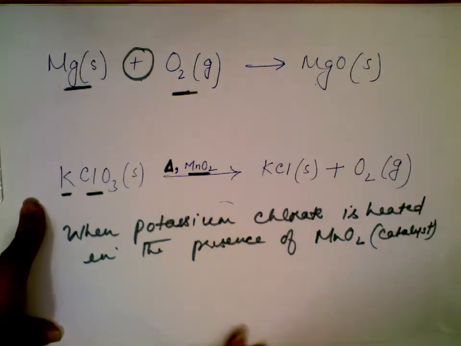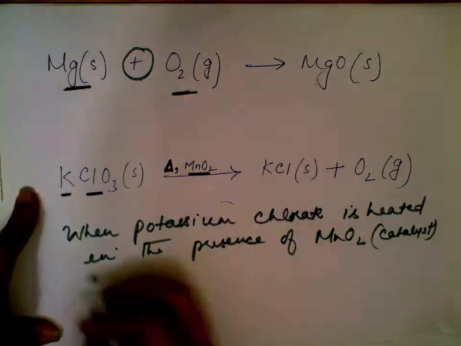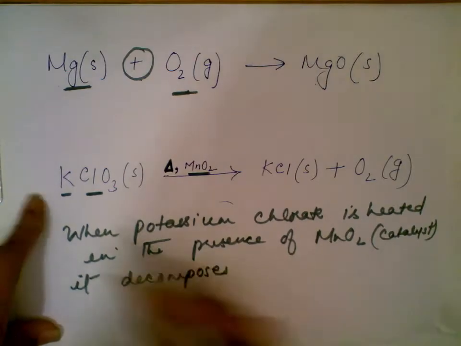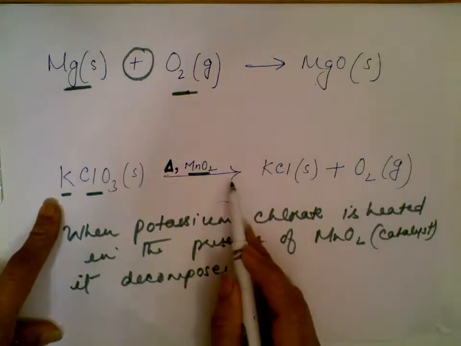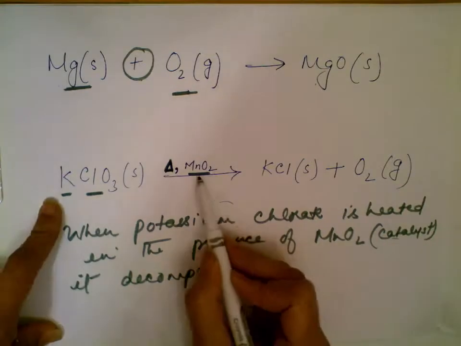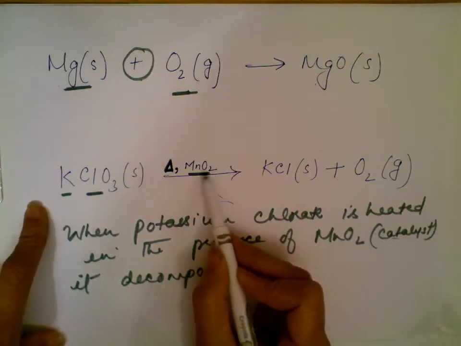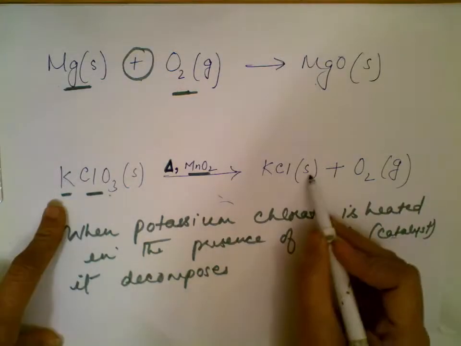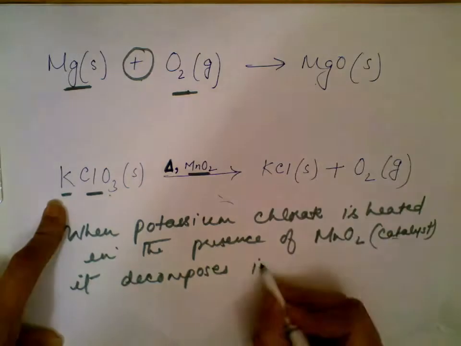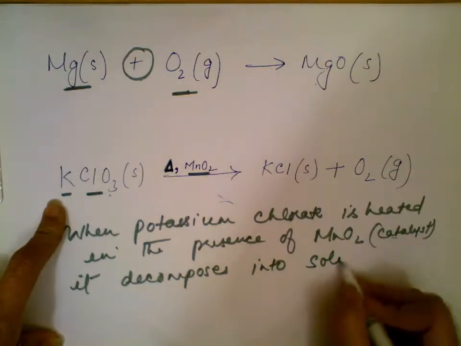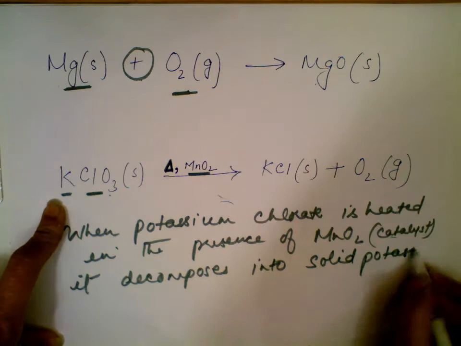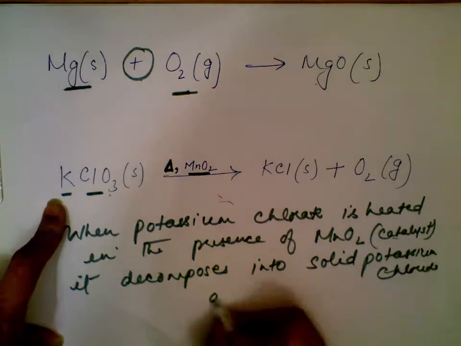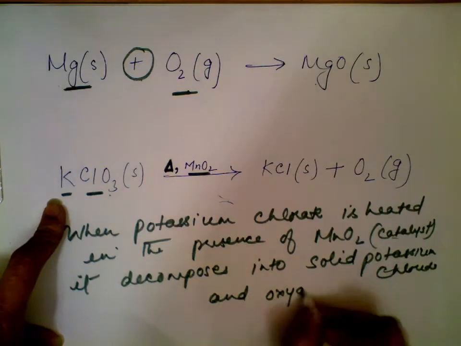A catalyst speeds up the reaction. It decomposes. Decomposes means break down. So this potassium chlorate is breaking down when the catalyst manganese dioxide is used and this reactant is heated. It decomposes into solid potassium chloride and oxygen gas.